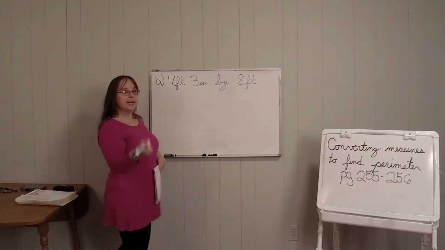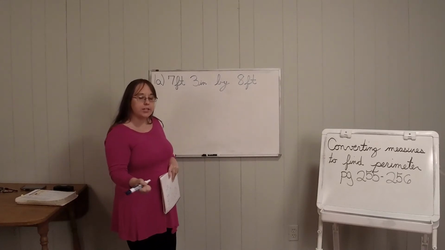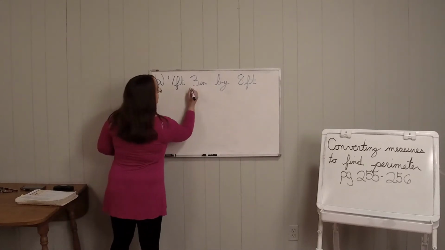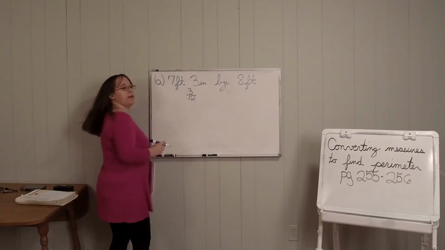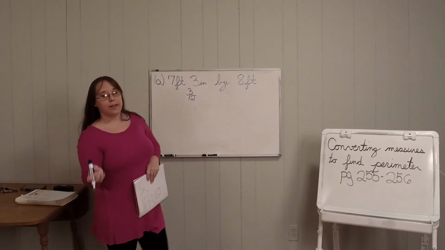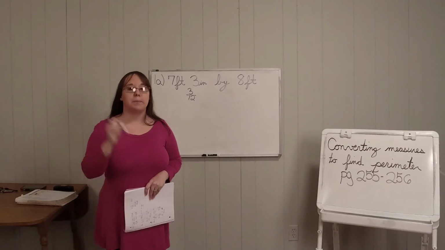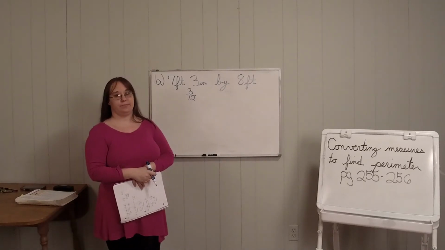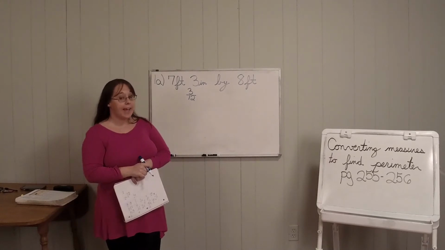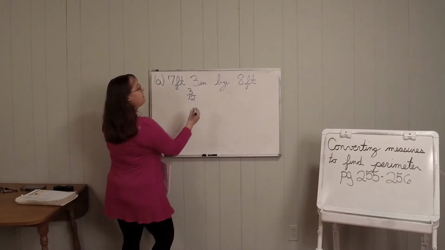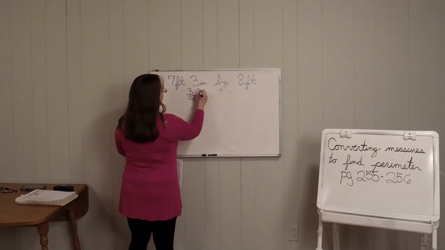All right, so we have to turn this 3 inches into feet. Well, how many inches are in 1 foot? 12. So 3 over 12. Now, can 3/12 be reduced? It can. They both can be reduced by 3.